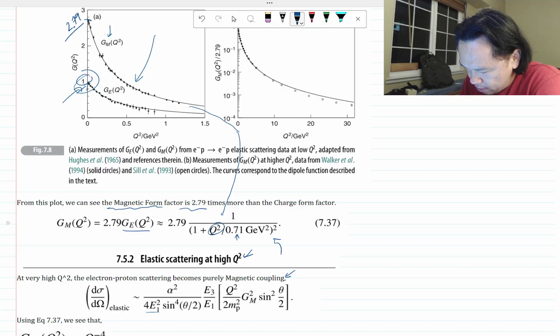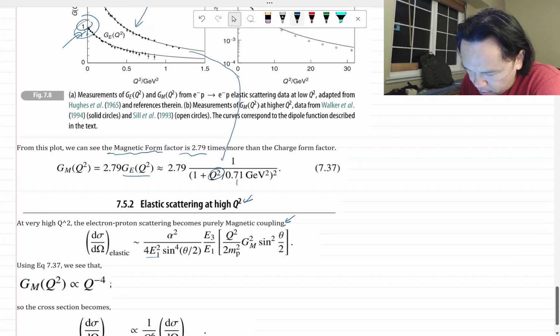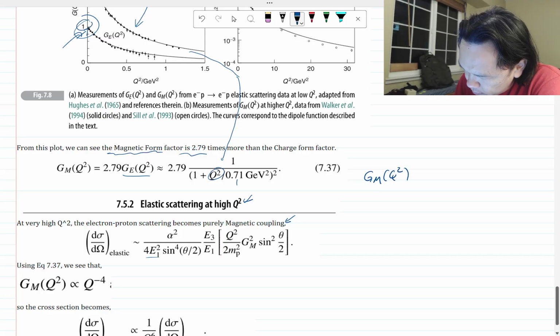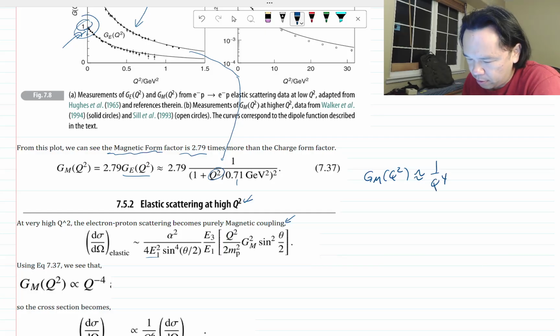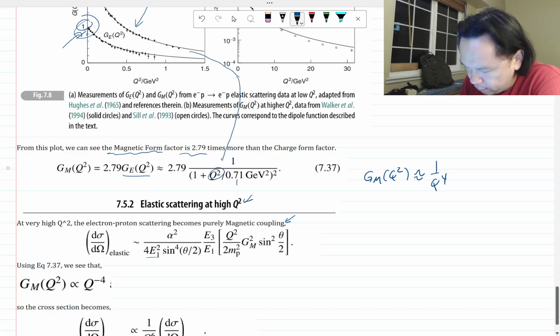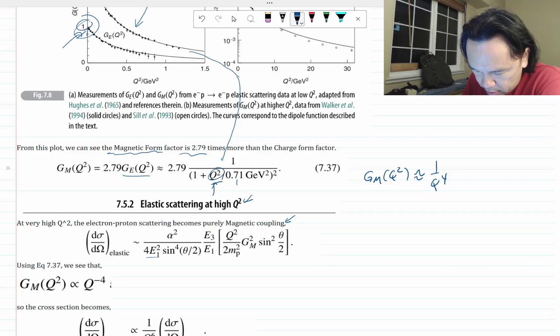And from that, you can say that GM as a function of Q squared is basically going to be proportional to 1 over Q to the 4th power, because you have a square here and you have a square there. In the case of high Q squared, this is the term that dominates.